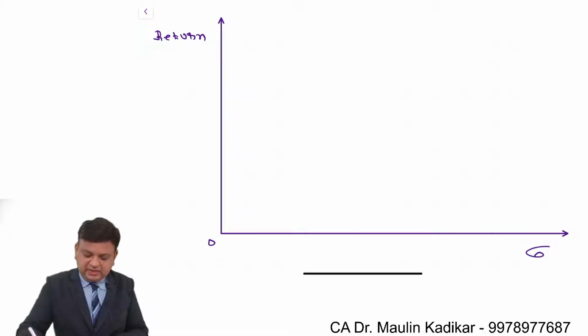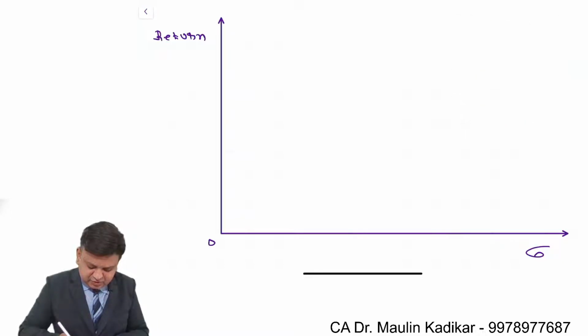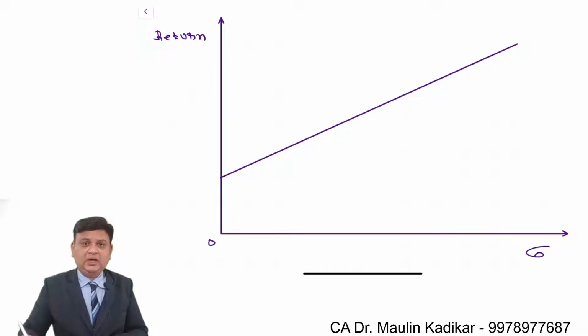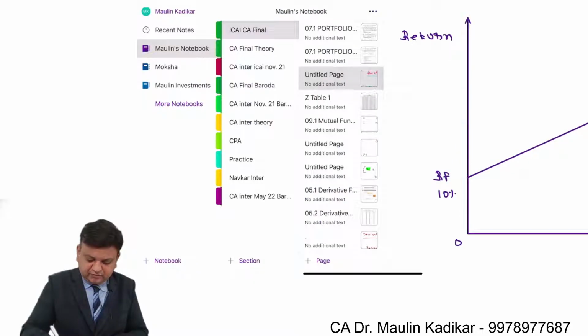So friends, over here there are 4 portfolios. In that, we have a situation like this. On x-axis, I am taking standard deviation. We understand that when the risk is 0, then the return is equal to RF, that is 10% over here. That is the return of the portfolio.